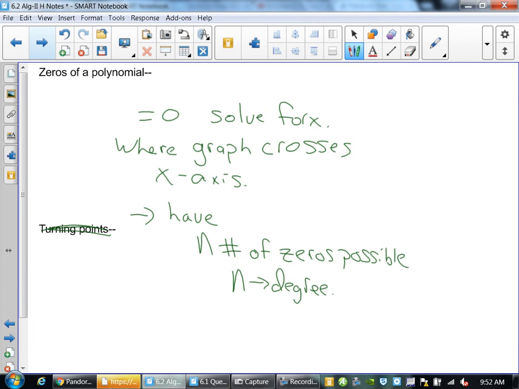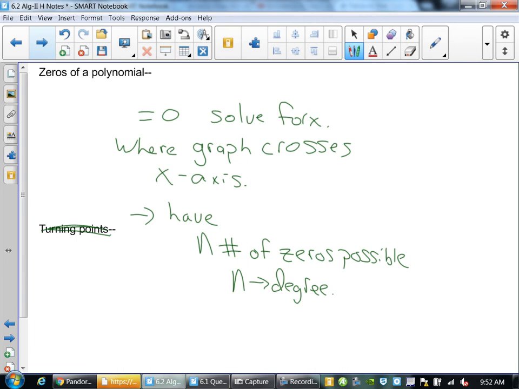So if you've got a second degree polynomial, quadratic, how many possible zeros could you have? 2. Sometimes they're repeated. If they sat on the x-axis, remember how I said it was just 1 zero? We call that a multiplicity if it's repeated. You could have 2 zeros.